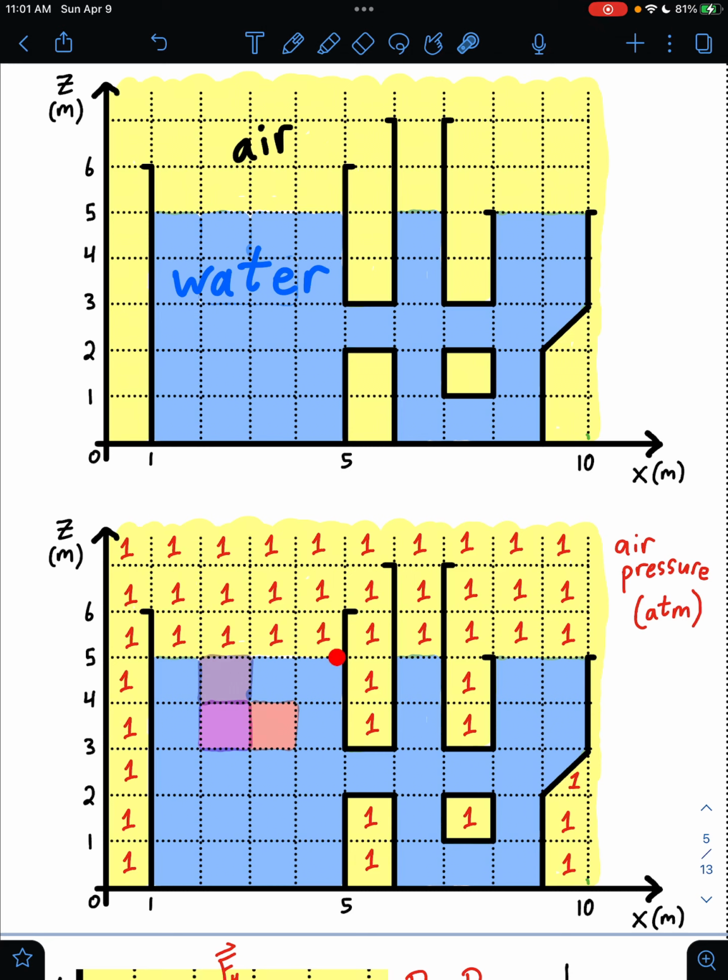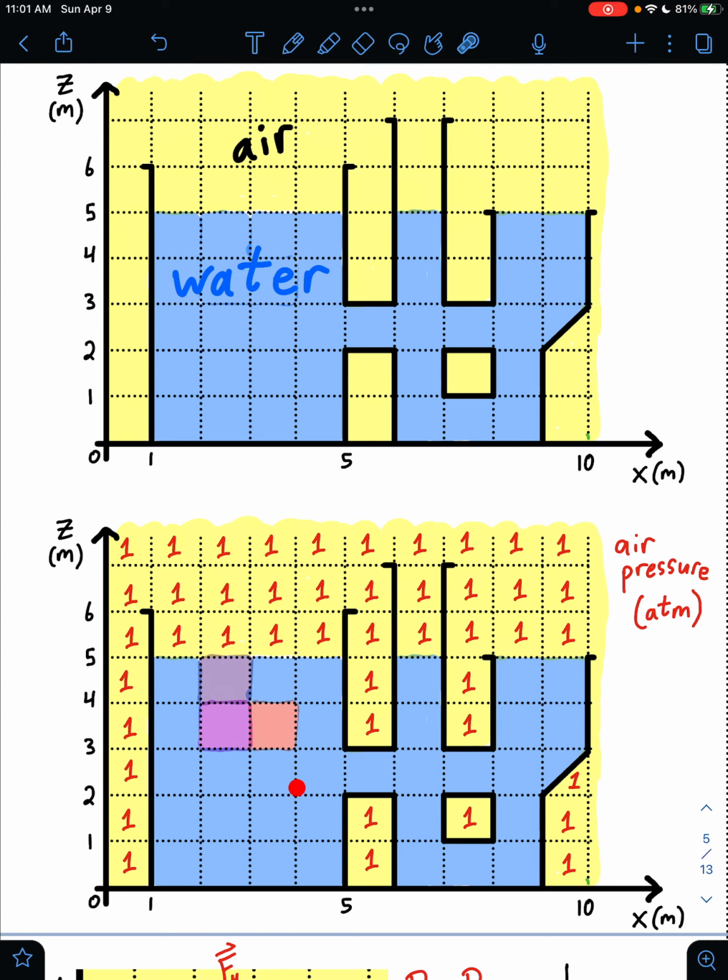So the forces per unit area that they exert on each other will be equal and opposite, indicating that the pressure at the top level of the water equals the pressure at the bottom level of the gas. So the water pressure here at the surface will be 1 atmosphere, matching the pressure of the gas that it is in contact with. So now we know that the pressure at the top of the water is 1 atmosphere.